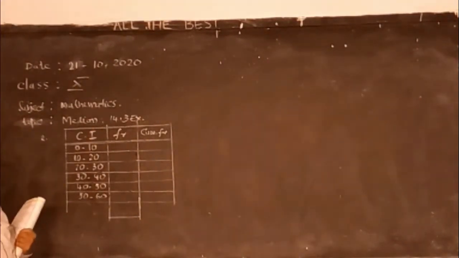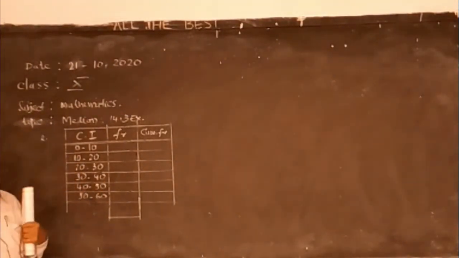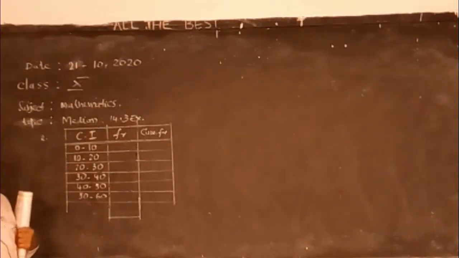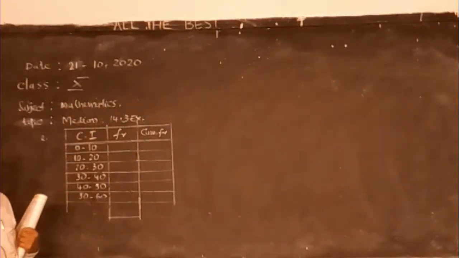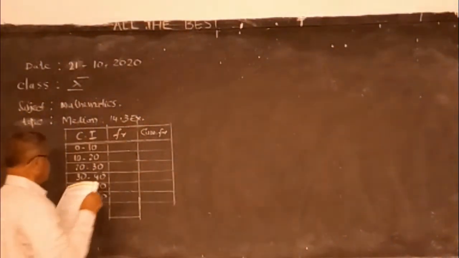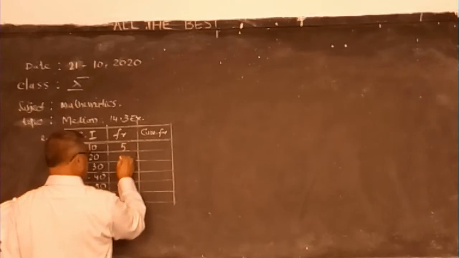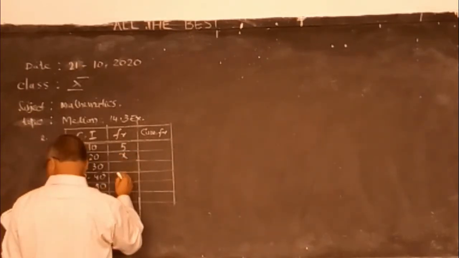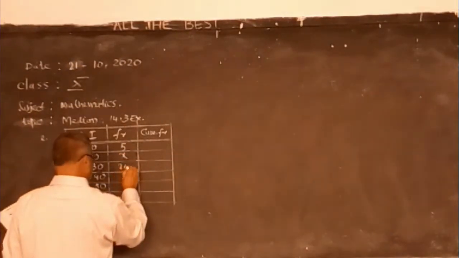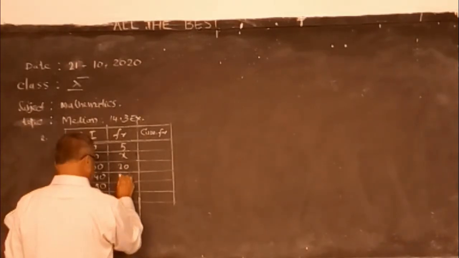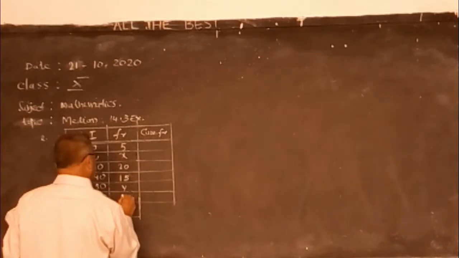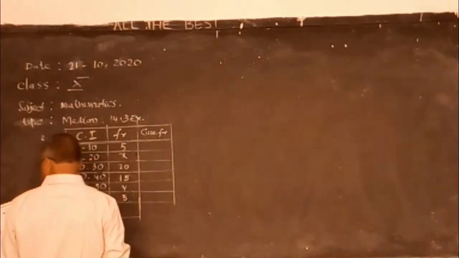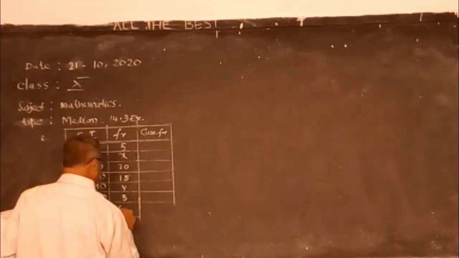In the question paper, it will be horizontal. Wait. We are drawing it vertically. Frequencies given: first 5, here x, 20, 15, y, 5. Total frequency given is 60. N is equal to 60.